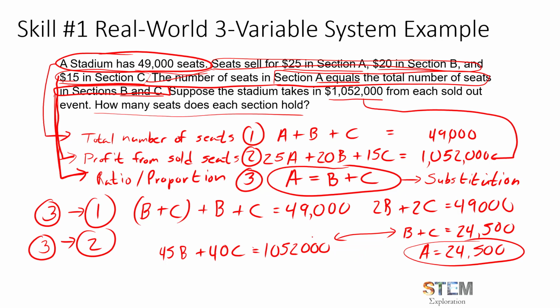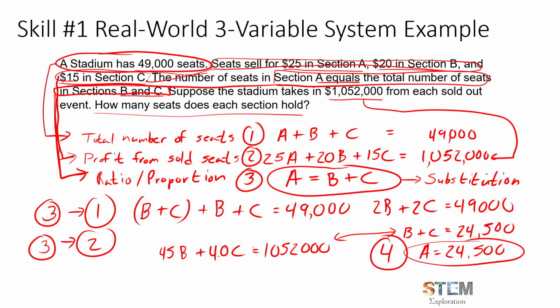But since I caught this right away and I saw that A is equal to 24,500, I'm going to plug that value directly into equations 2 and 3. So I'm going to take equation 4 here, and I'm going to plug that in directly into the equation that takes into consideration the cost of the stadium.